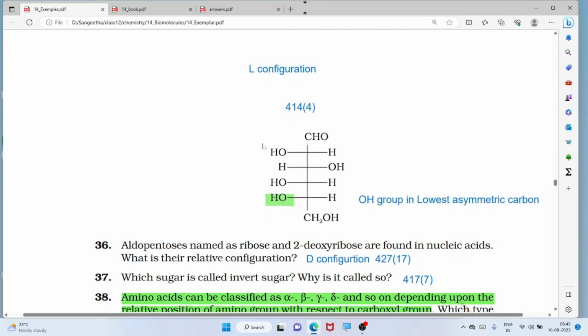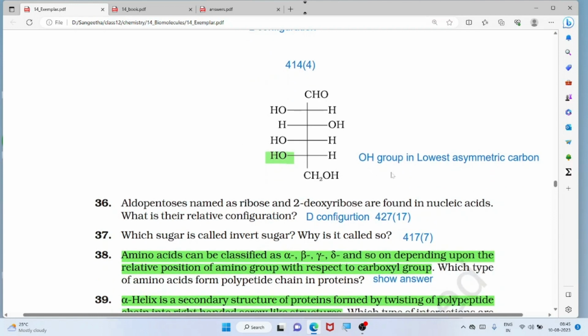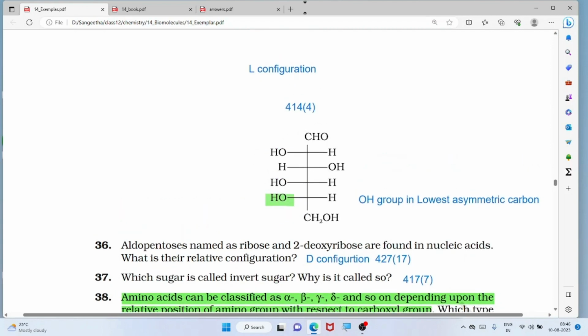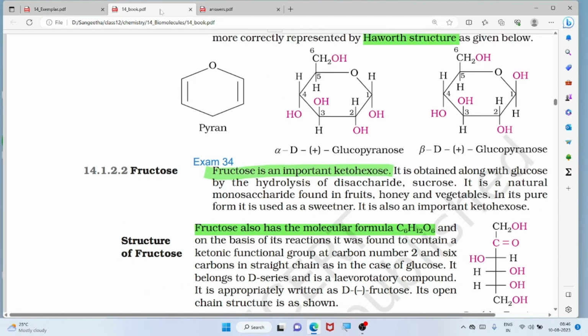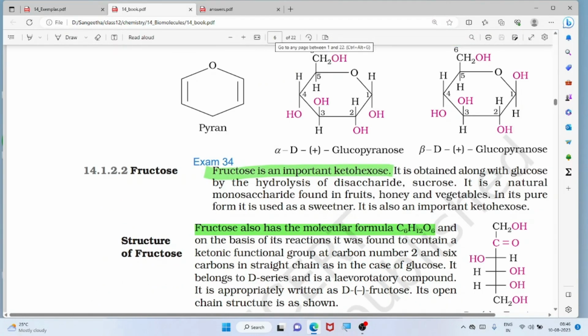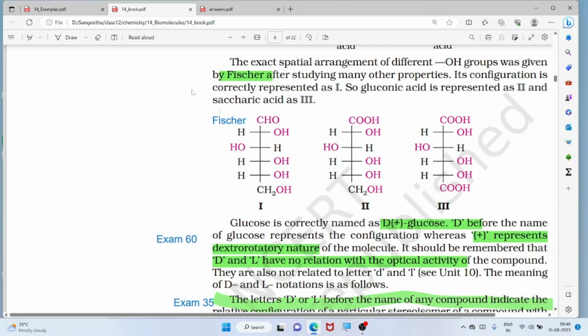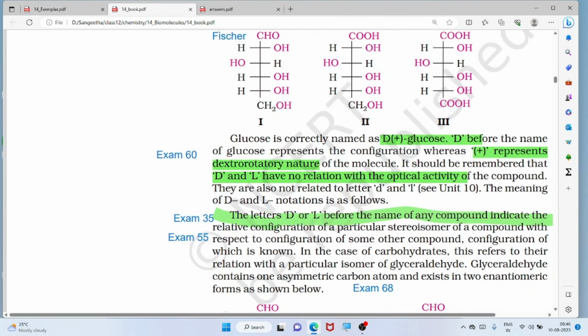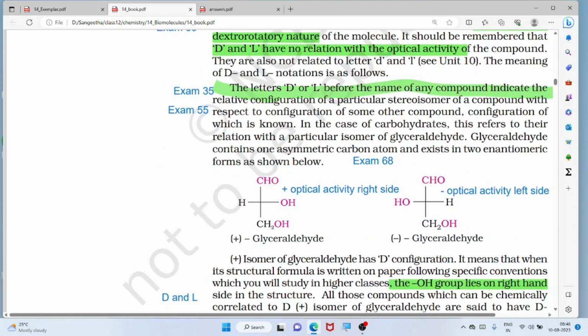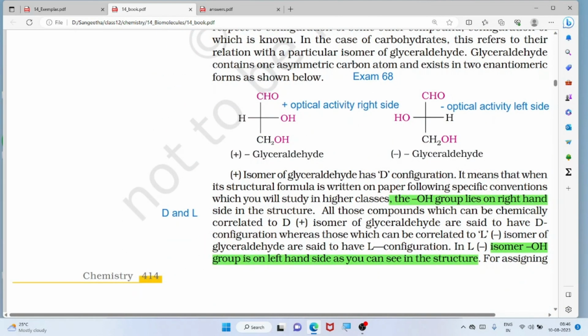The OH group on the lowest asymmetric carbon atom, left side means L, right side means D. OH group on the right side means D, OH group on the left side means L.